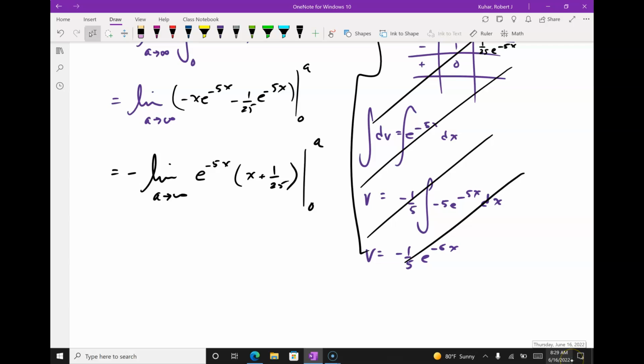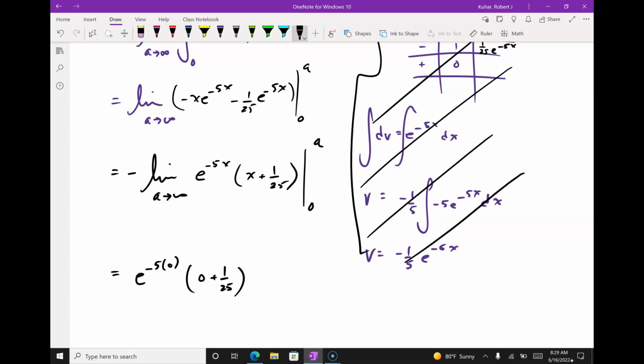So remember, I'm going to evaluate at a, subtract evaluate at 0. But I see that I'm starting with a negative, so I'm going to evaluate at 0 first, and that negative will go away, and then evaluate at a with the negative. Does that make sense? So that's e to the minus 5 times 0 plus 1/25.